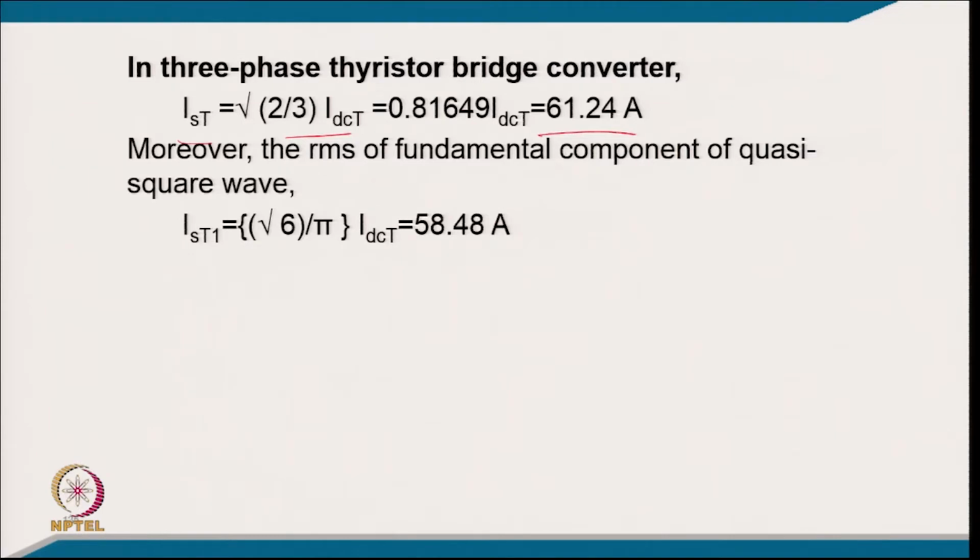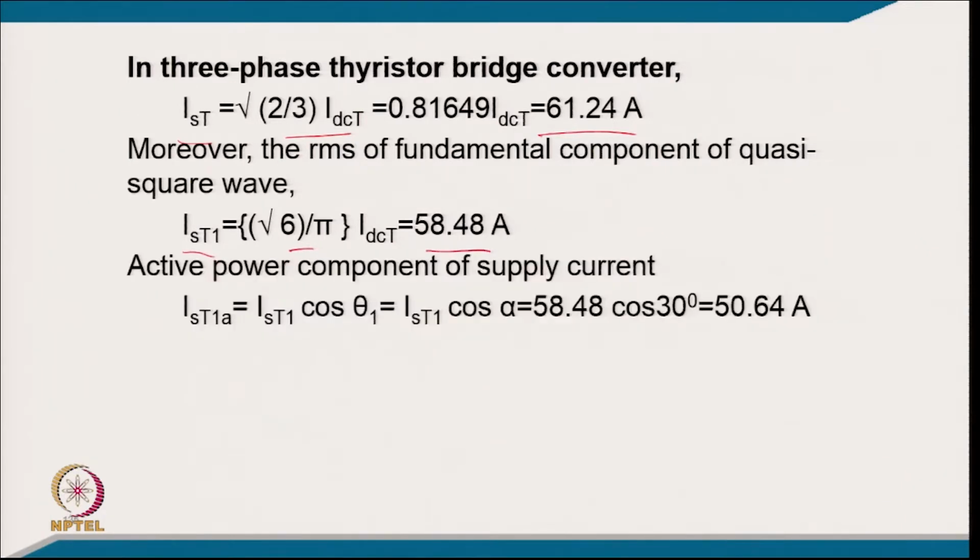And moreover, the RMS fundamental component of the quasi-square current IST1 is root 6 by pi into IDCT. So, this becomes 58.48 ampere, and the active component of the thyristor converter input current is ISTA equal to IST1 cos alpha, and putting the values here for alpha and current, this comes to 50.64 ampere.